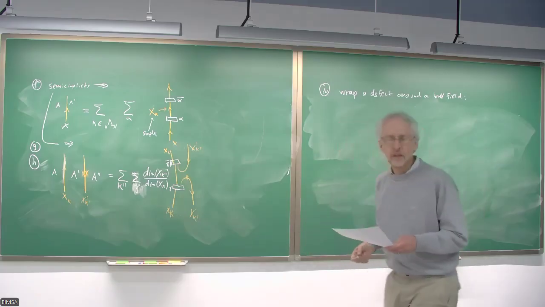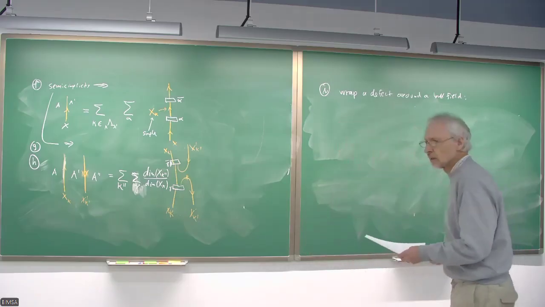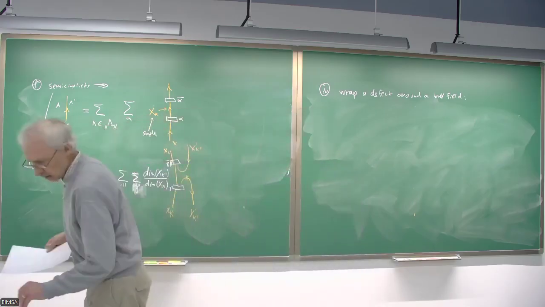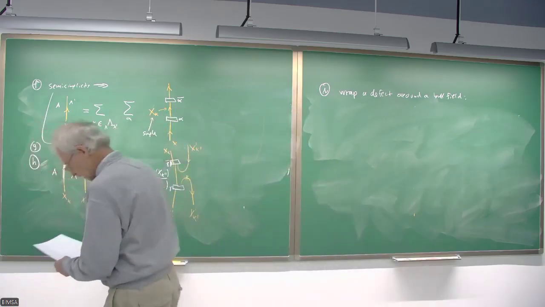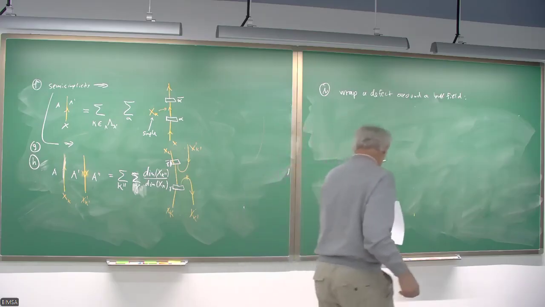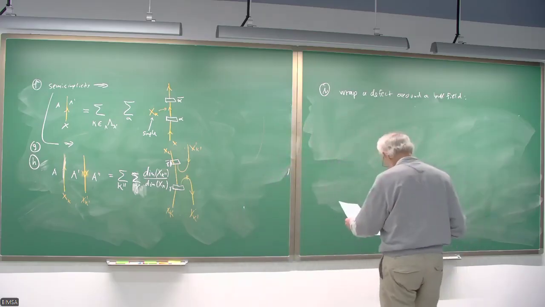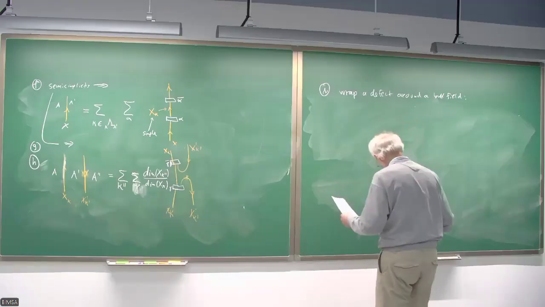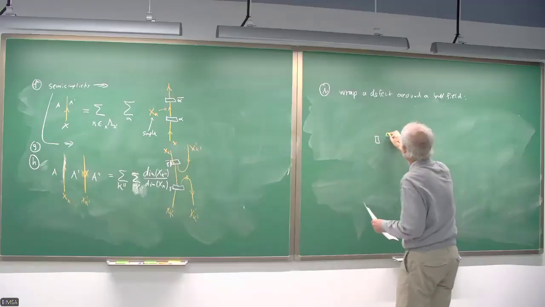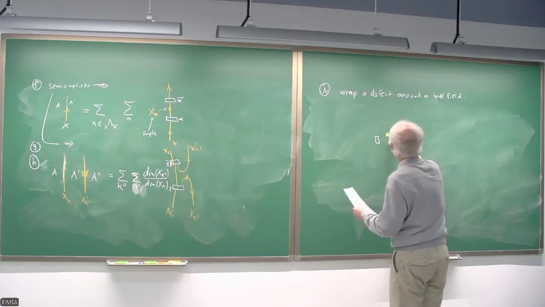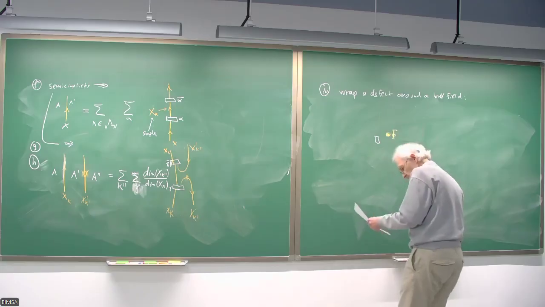And let me first draw this schematically. So we have a boundary which is indicated in yellow here. So it's not one of those phi's.